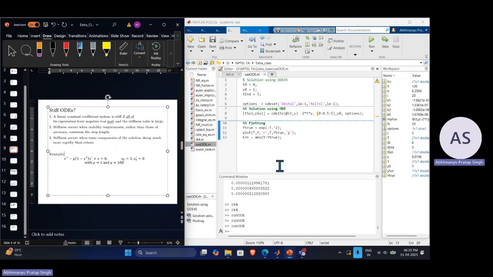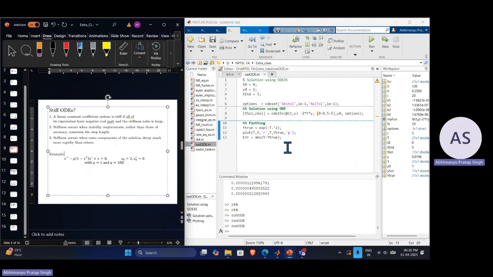For that you need to use ODE15s, because it takes care of the step length internally. ODE45 might give you the same performance for stiff ODEs also, but it will take a long time, and it will take a lot of internal time steps to do that.